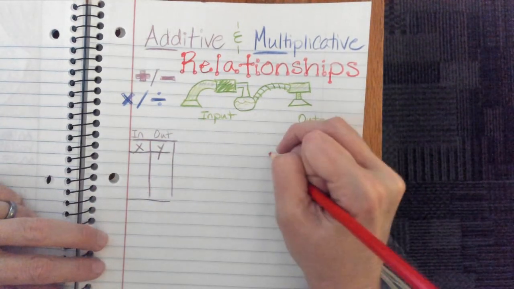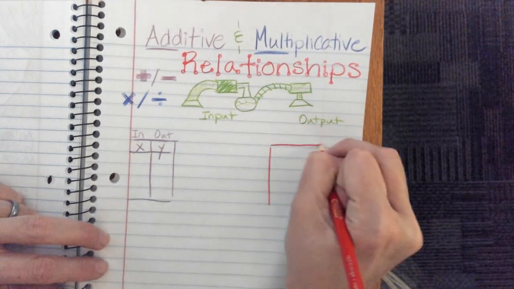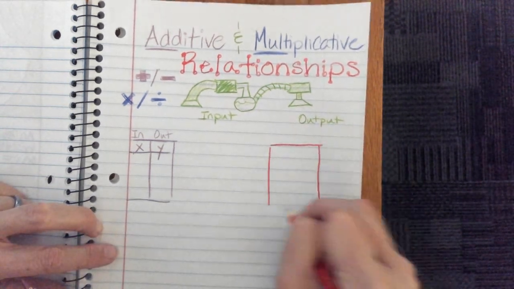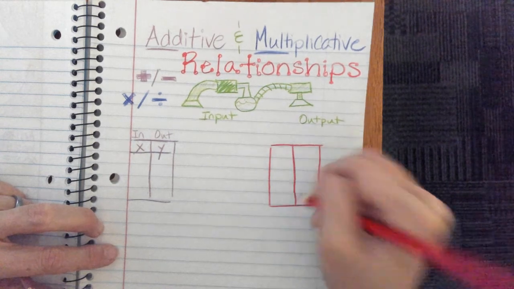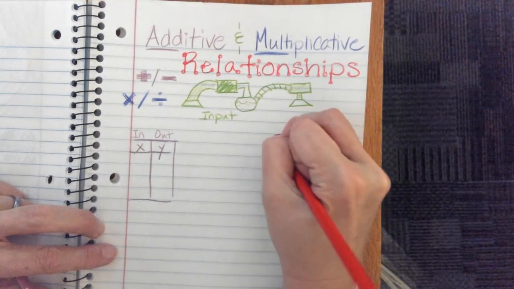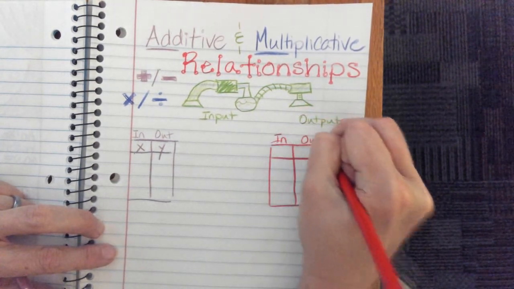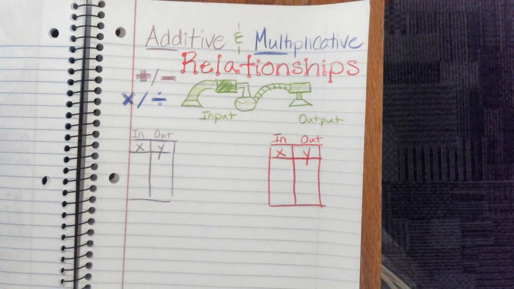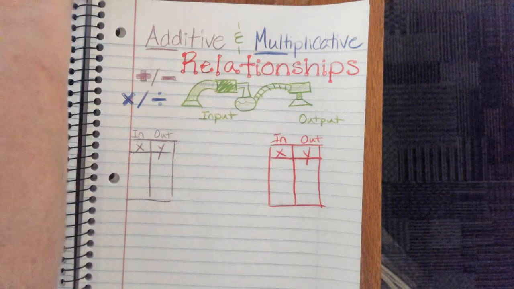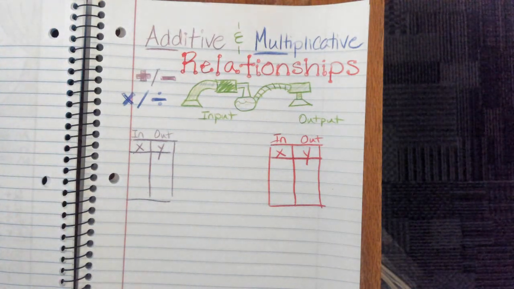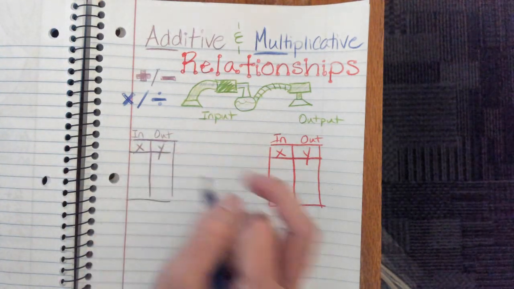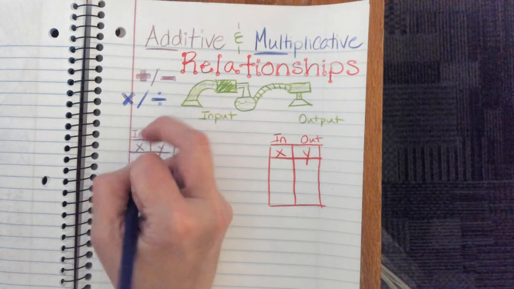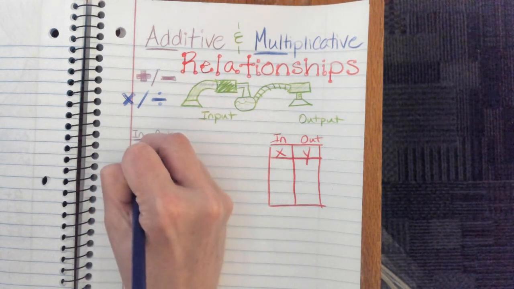And I'm going to give myself another table over here, and I'm going to talk about putting something in this one and getting something out. Again, what you put in, we're starting to call X, and what you get out, we're starting to call Y.